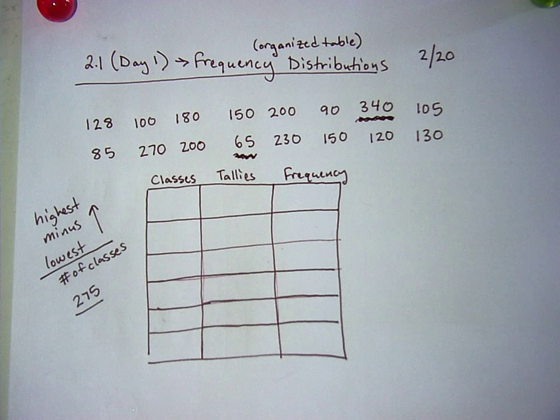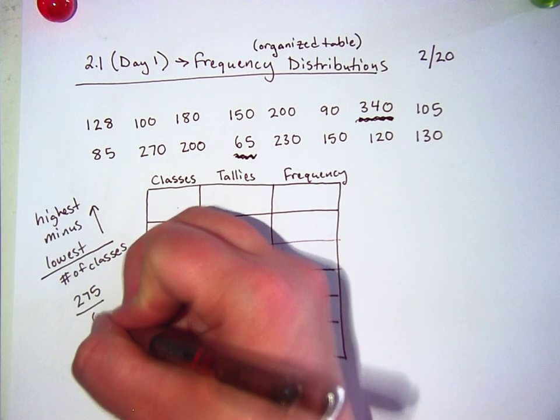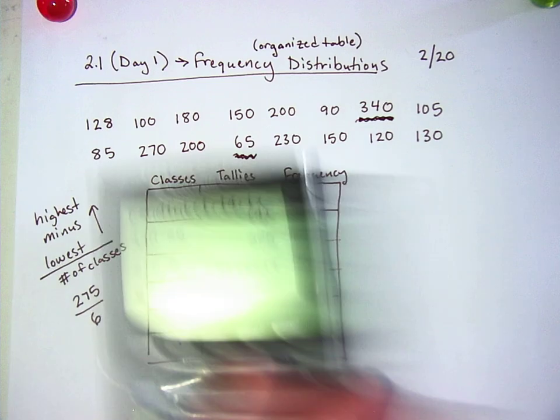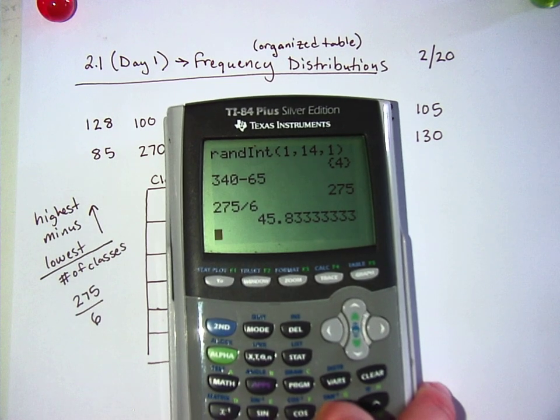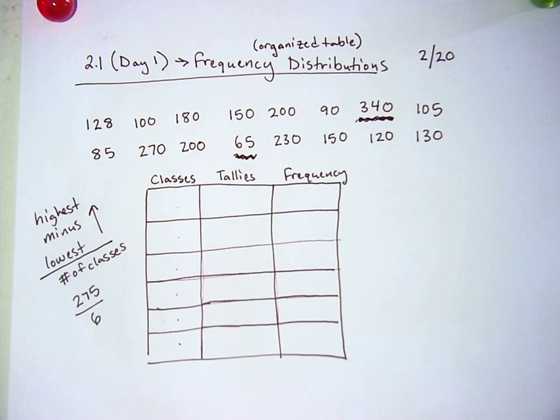So 275 divided by 6 classes, 6 rows, is 45.8. And 45.8 rounds up to 46.